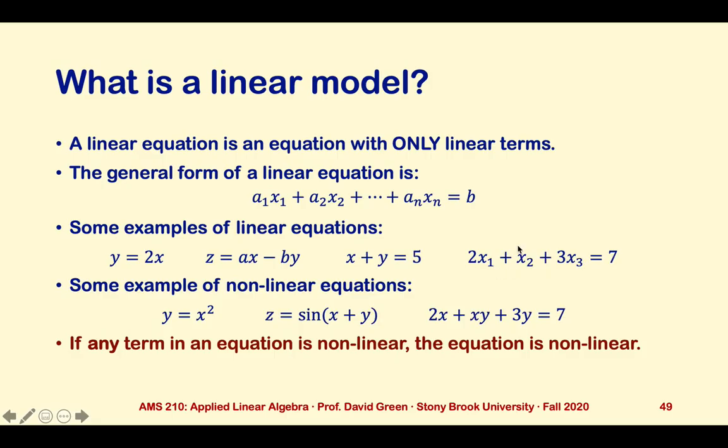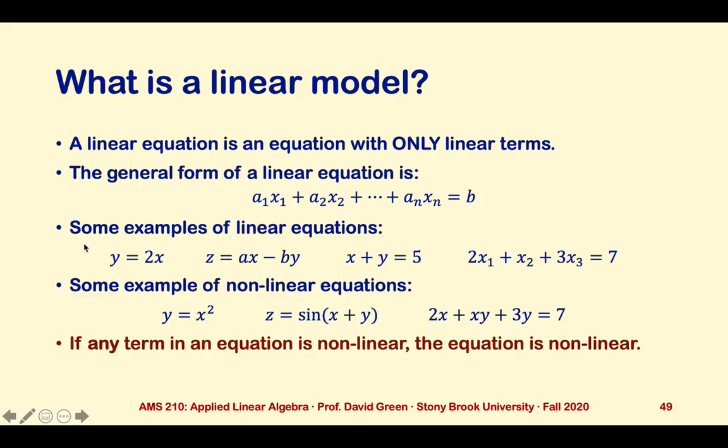The reason for this is simply that this type of structure of a subscript of a number allows us to write any number of variables we wish without running out of letters, whereas if we were trying to choose unique letters for each variable, we're constrained. In problems of only 2 or 3 variables, however, it is very common to use x, y, and z, or other variable names in some contexts as well. These are all linear equations.